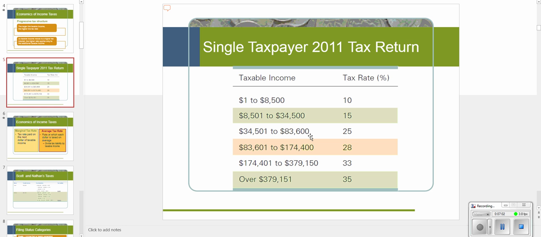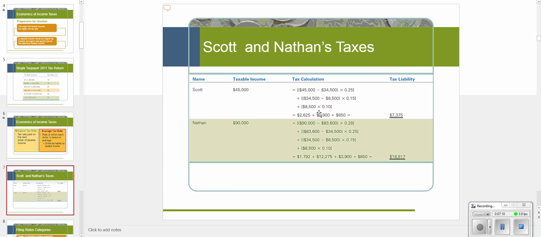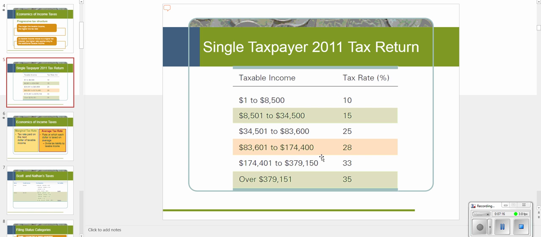Okay, so like I said, I would probably write it this way, but they're writing it a different way. And I would say 8,500 times 10%, then 34.5 minus 8,500, which is this bracket here, to give you this amount, times 15%. So it was everything of this bracket, and now we need to figure out the last 25%.